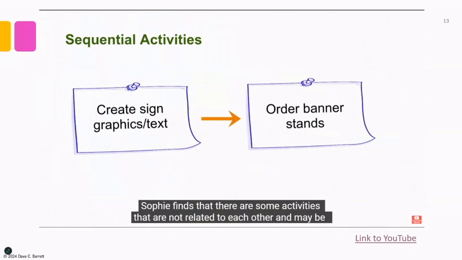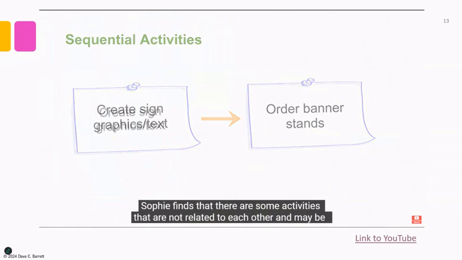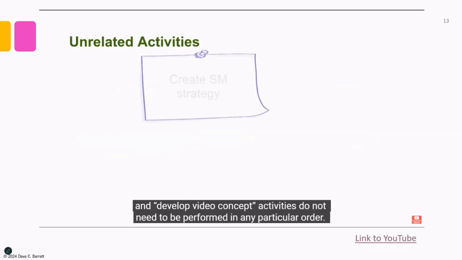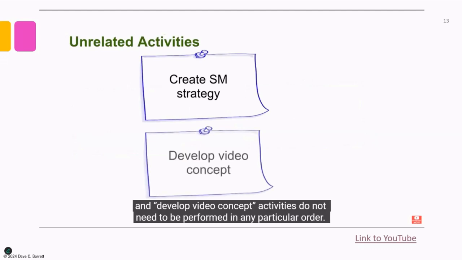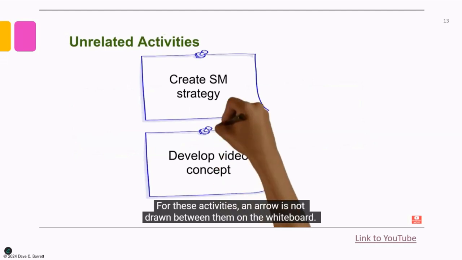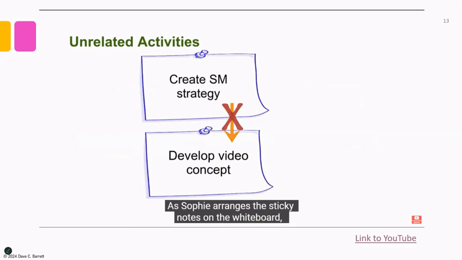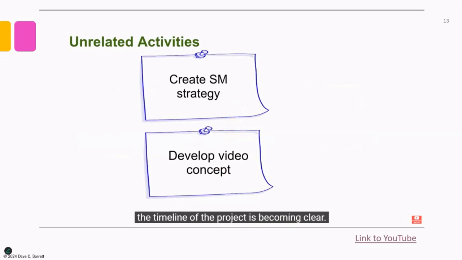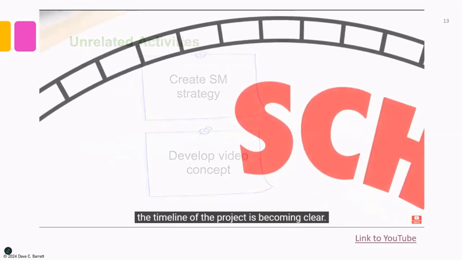Sophie finds that there are some activities that are not related to each other and may be performed at the same time if necessary. For example, the Create SM strategy and Develop video concept activities do not need to be performed in any particular order. For these activities, an arrow is not drawn between them on the whiteboard. As Sophie arranges the sticky notes on the whiteboard, the timeline of the project is becoming clear.